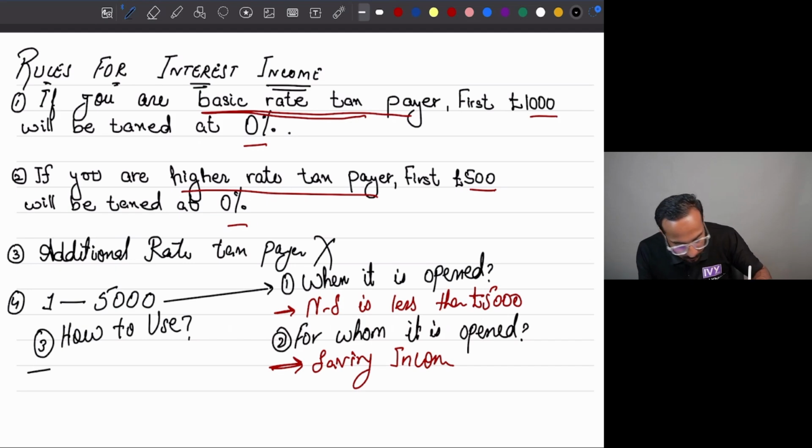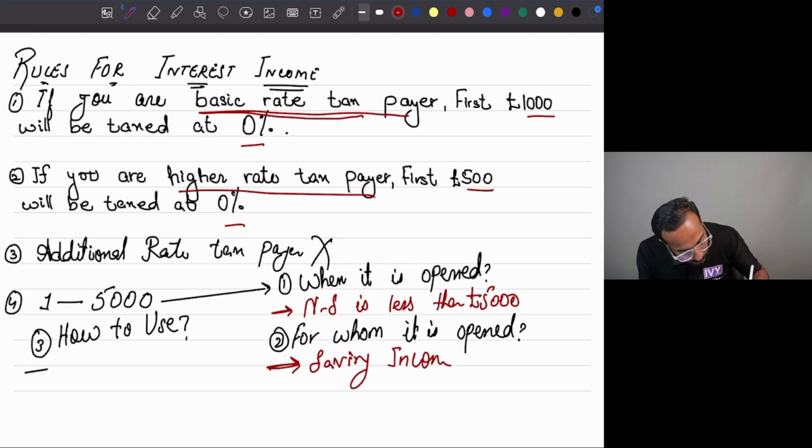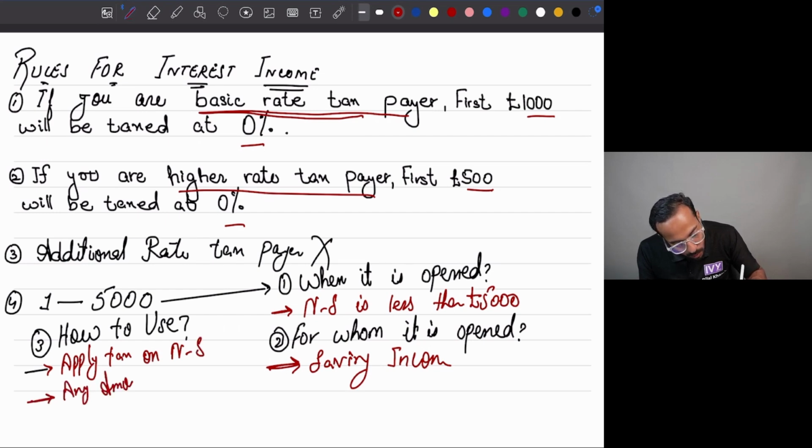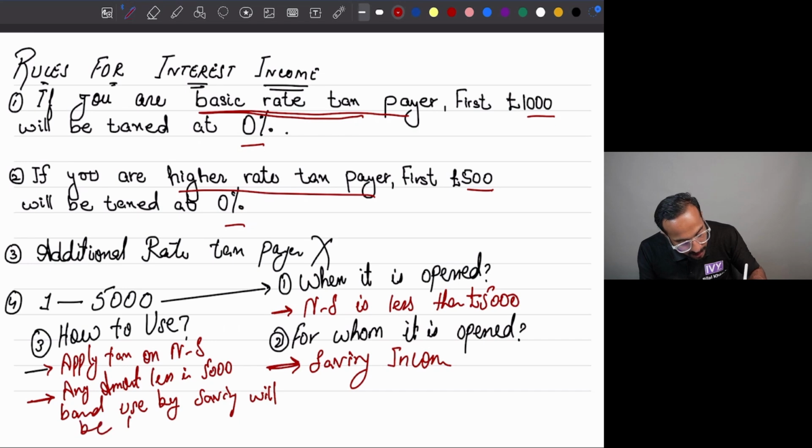Step 1: apply tax on non-saving income. Any amount left in the 5,000 band used by saving income will be taxed at 0%.